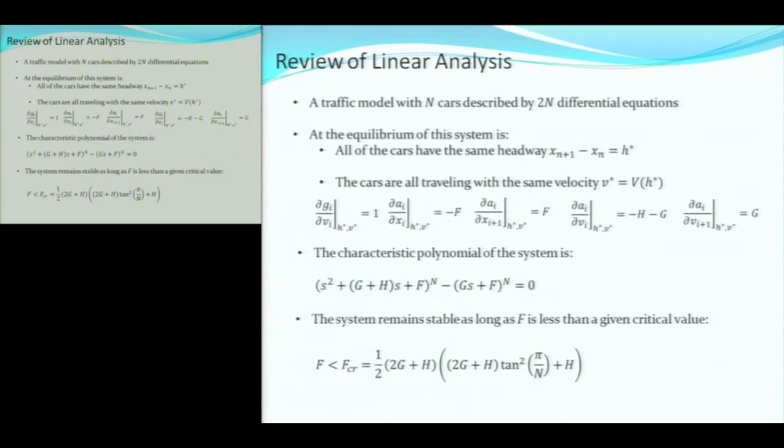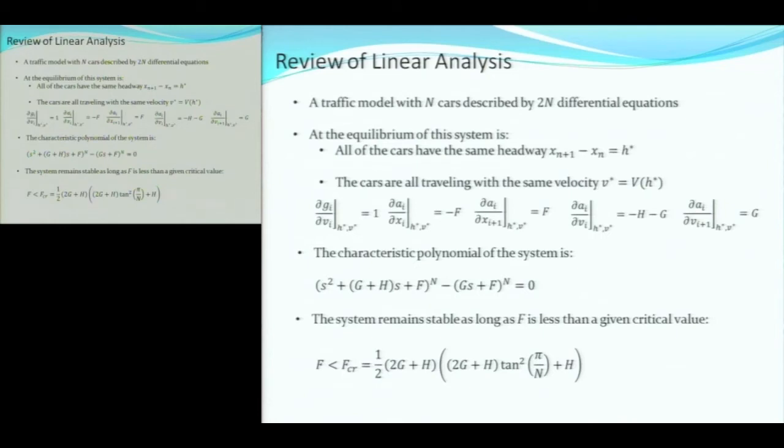So once we know our equilibrium, we can then take our first-order partial derivatives in order to approximate the system as a linear system. And we get three parameters, f, g, and h, which again depend on the aspects of the sensors and the control modules in the car.